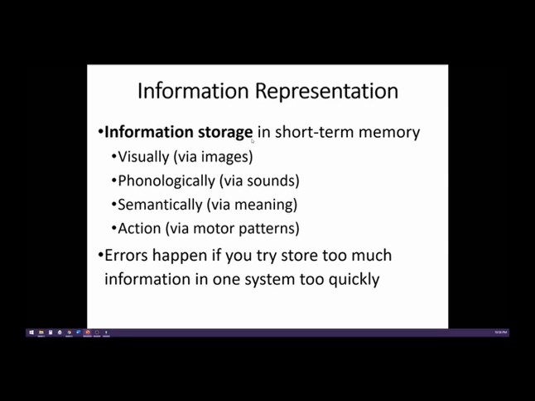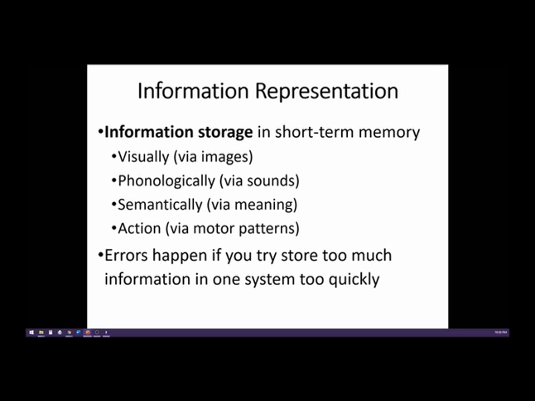So we can store information in our short-term memory in all sorts of different ways. So it doesn't have to just be a word or a number. It can be a visual thing, it can be a sound we've heard, or it can be an action. It doesn't have to just be words. It's just a little bit easier to talk about words than it is to talk about some of the other things.